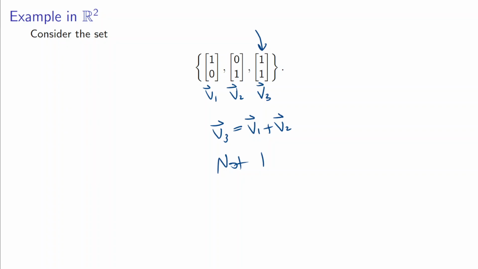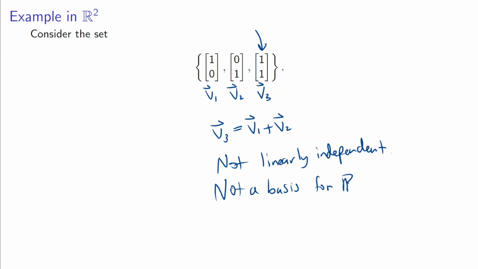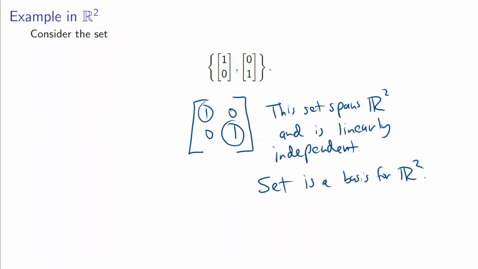So this set is not linearly independent, and so it's not a basis for R2. Okay. It spans all of R2, but it is not a basis because they are not linearly independent. We have too many vectors here. We can get rid of one, namely if we get rid of 1, 1, right? Now we're back to the previous situation.